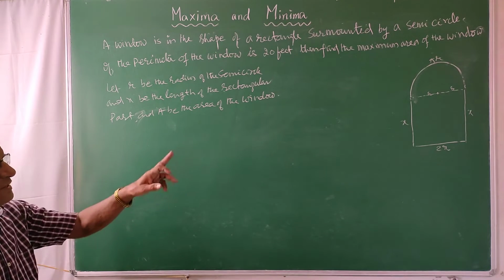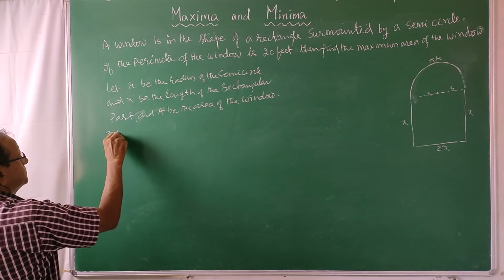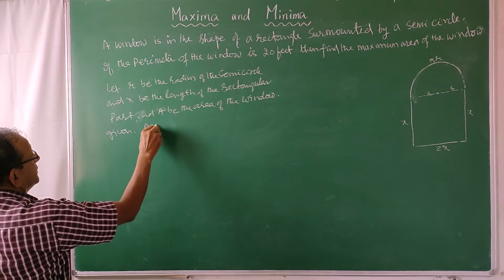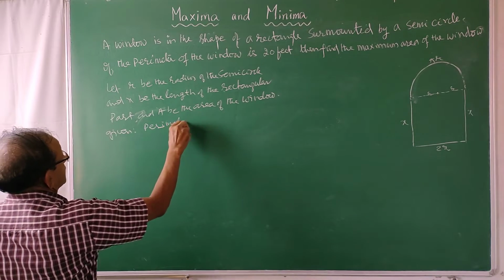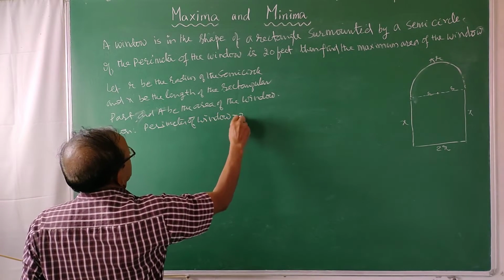Given that the perimeter is 20 feet, the perimeter of the window is equal to 20 feet.